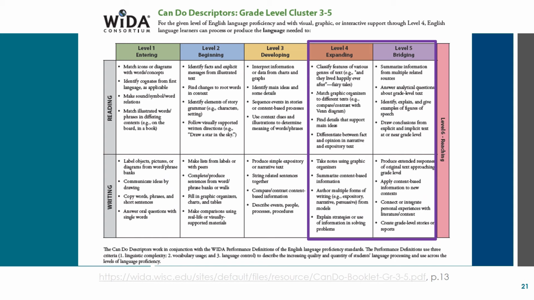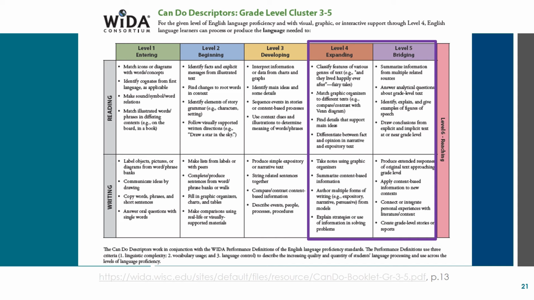Then this is a one-page document that you can find in the Can Do descriptors. For example, this is for grade level cluster 3 to 5. As you see the progression from each level, when we look at levels 4 and 5, those are at the highest levels of proficiency.